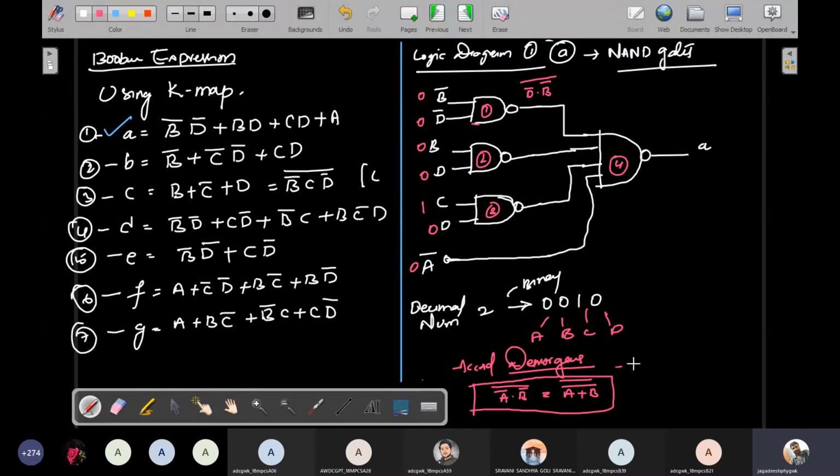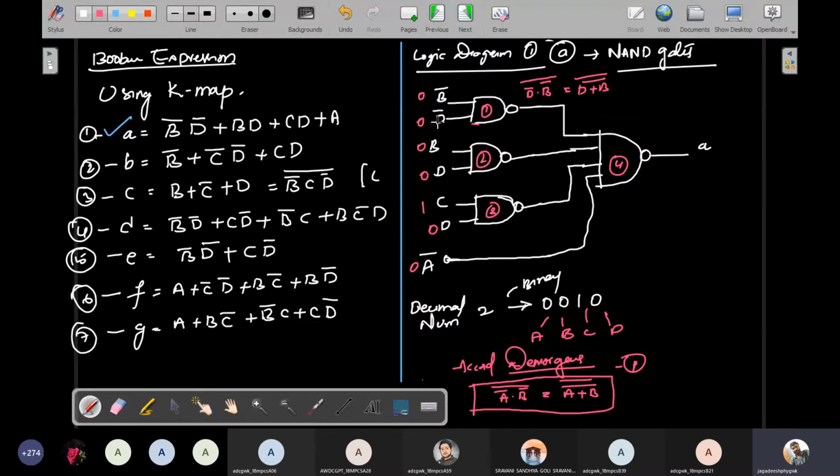De Morgan's theorems are two theorems, and this is the first theorem of De Morgan. Using that, I used (D plus B) whole bar, so the value is D bar B bar. Using this theorem, I can change this expression into this.